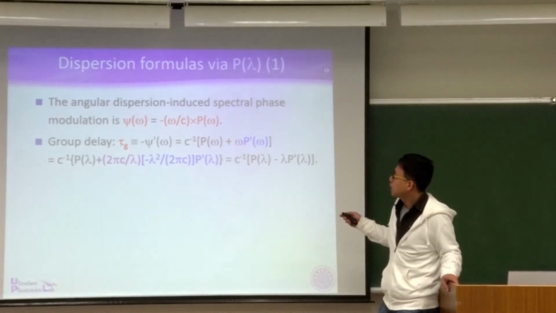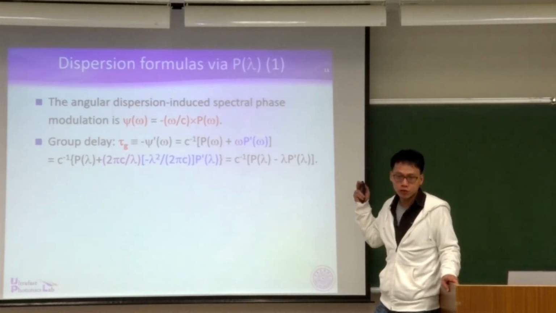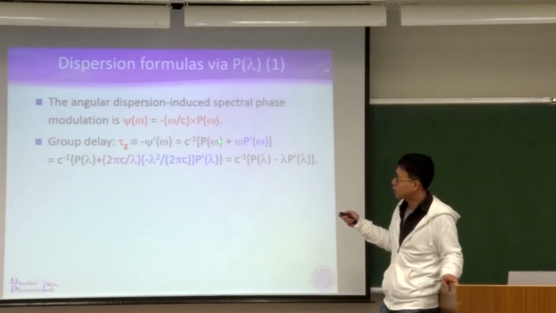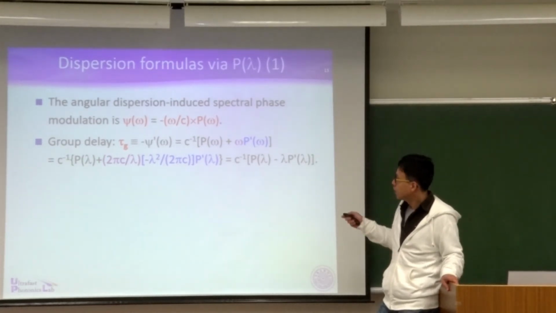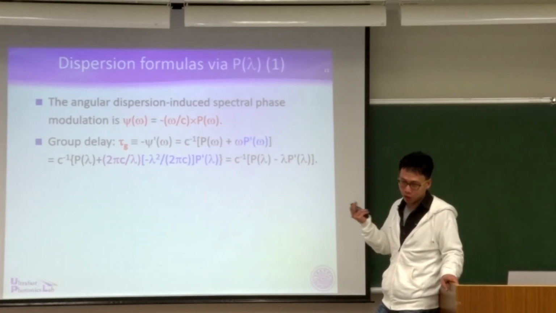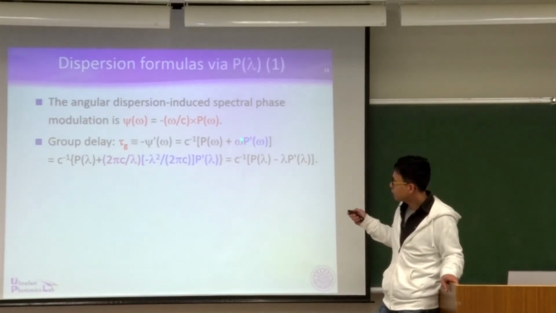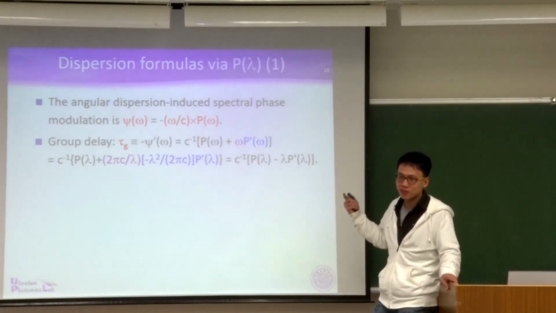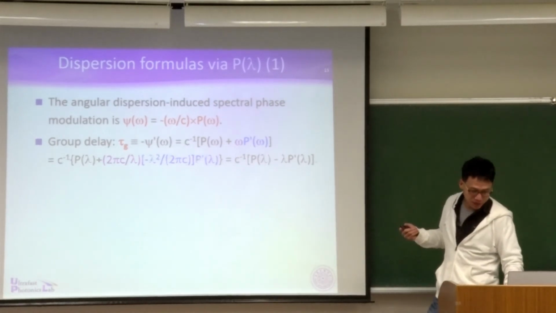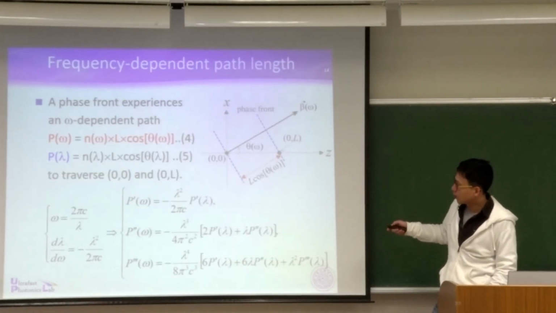Then you can change the variable from omega to lambda. So P of omega equals P of lambda. Omega becomes 2 pi c over lambda, well known. How about P prime of omega? You need the help from the previous slide, right? Here, this one.